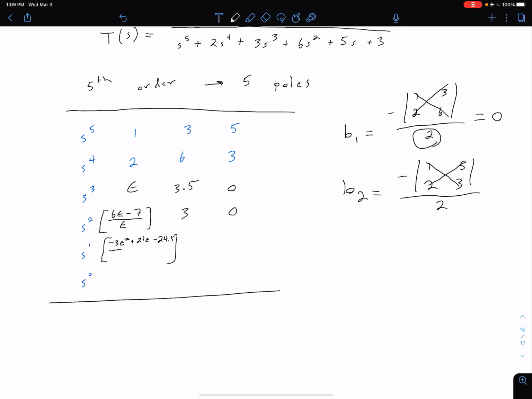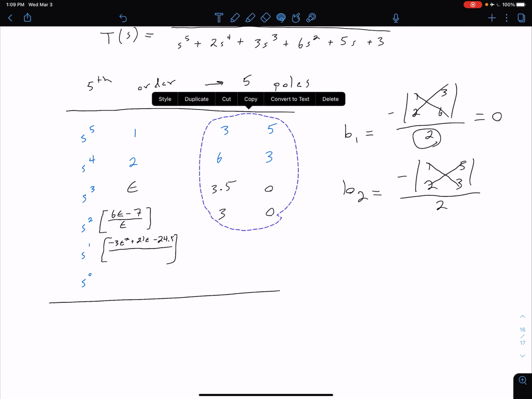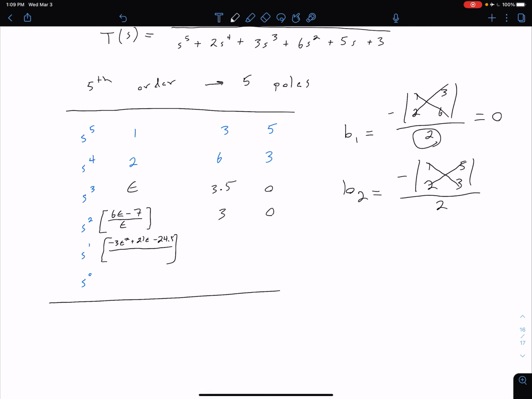I've drawn my columns a little close, so let me shift these over so there's no confusion about columns overlapping there. The second and third entry in that row are just 0. And I forgot my denominator here. This is going to be 6 epsilon minus 7. And then finally for our last row, we're just going to have a 3, 0, 0.